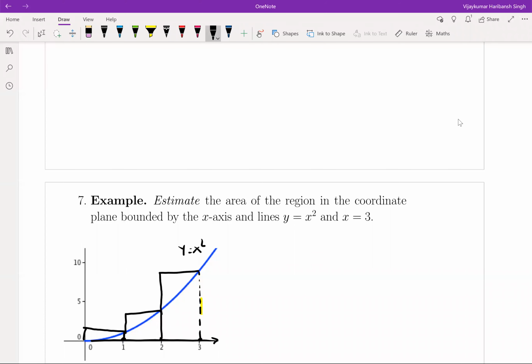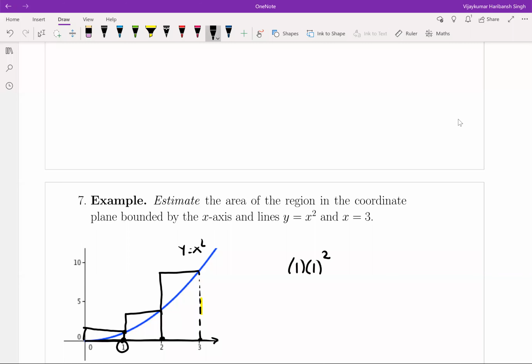So now what is the area of these 3 rectangles? The first one is going to be what? The length of the base is 1. What is the height in this case? The height is given by the function value at 1. So this is going to be 1 times 1 square.